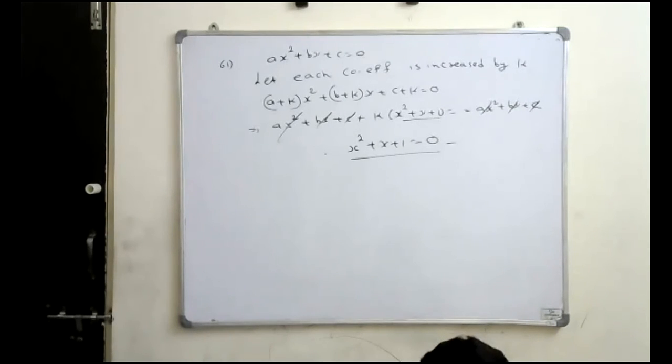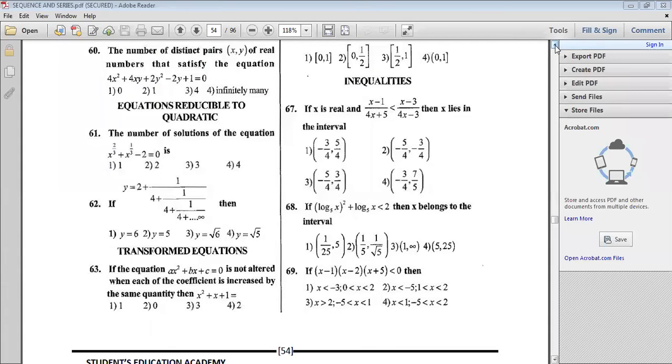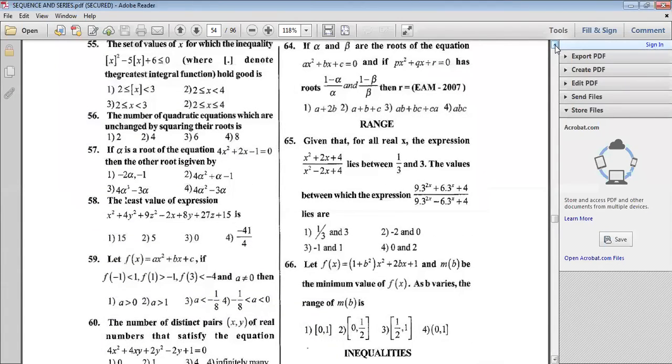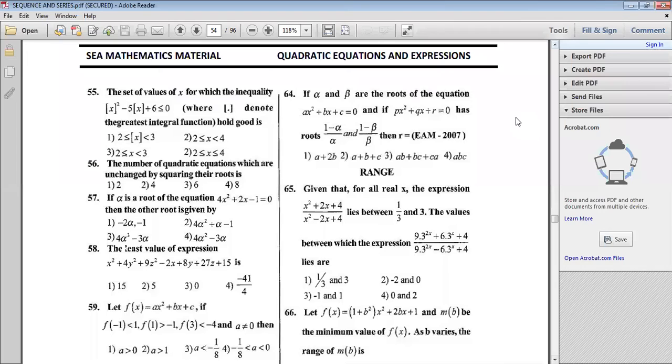Next, look at the next problem. 64. Just observe this.